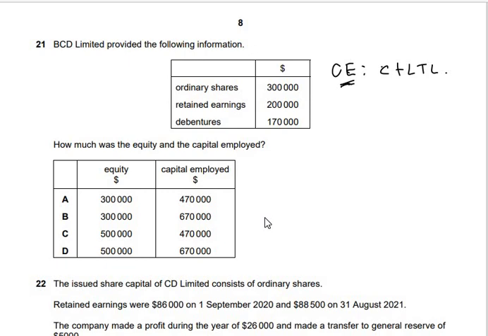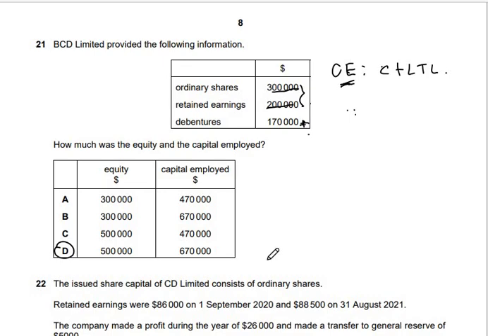But when we're talking about equity, equity is made of ordinary share capital, retained earnings, and general reserve. So in this case, we have ordinary share of 300 and retained earnings of 200, which makes the equity. If we add the debenture, which is a long-term loan, then it will give us the capital employed. So the answer is D.